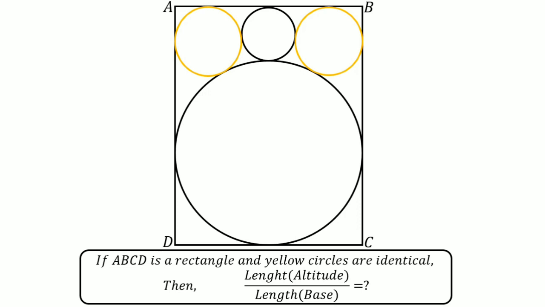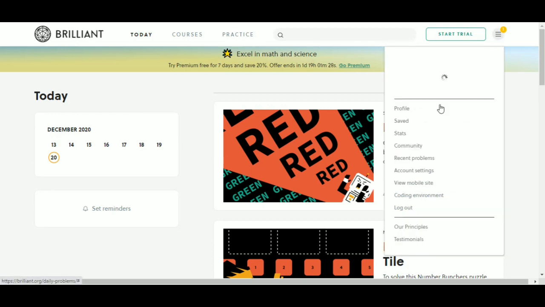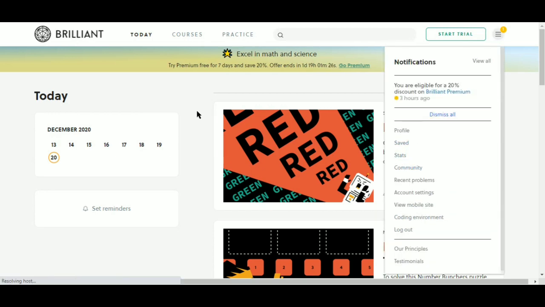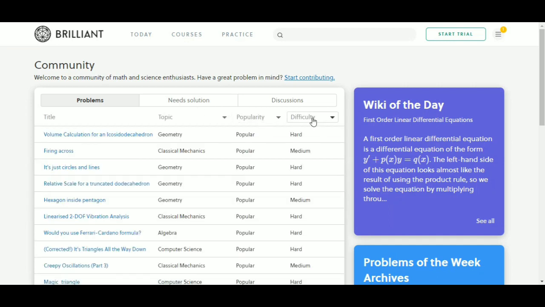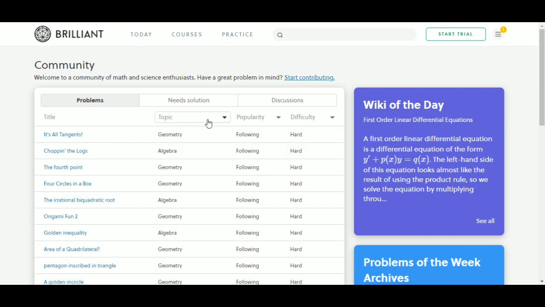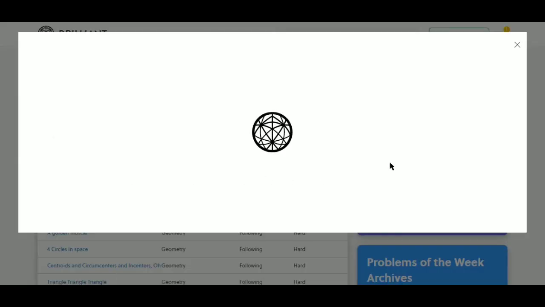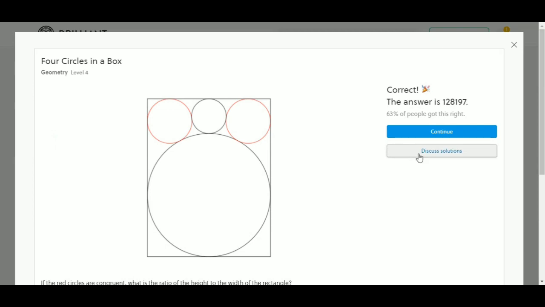I saw this problem on Brilliant. Now we are on the official site of Brilliant and we go to community, and here in difficulty we select hard, and in popularity we go to following, and in topics we go to geometry, and the third question is the question that I chose.